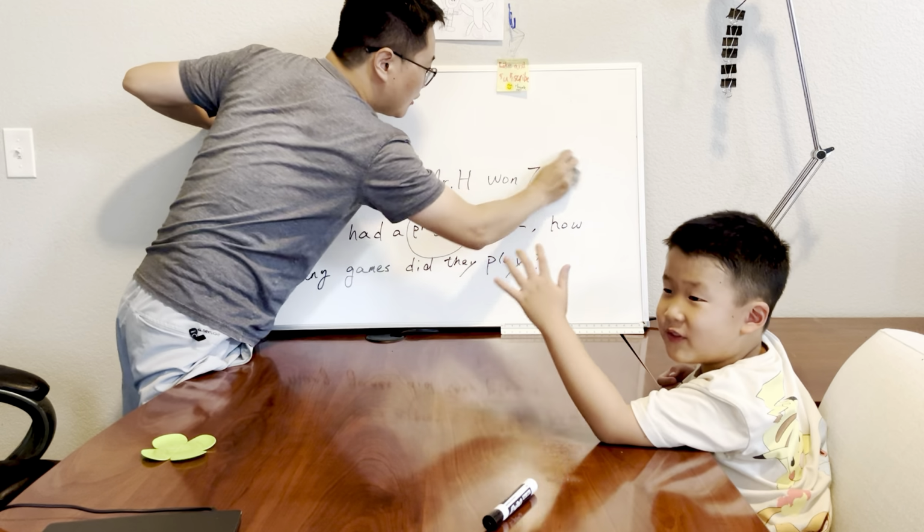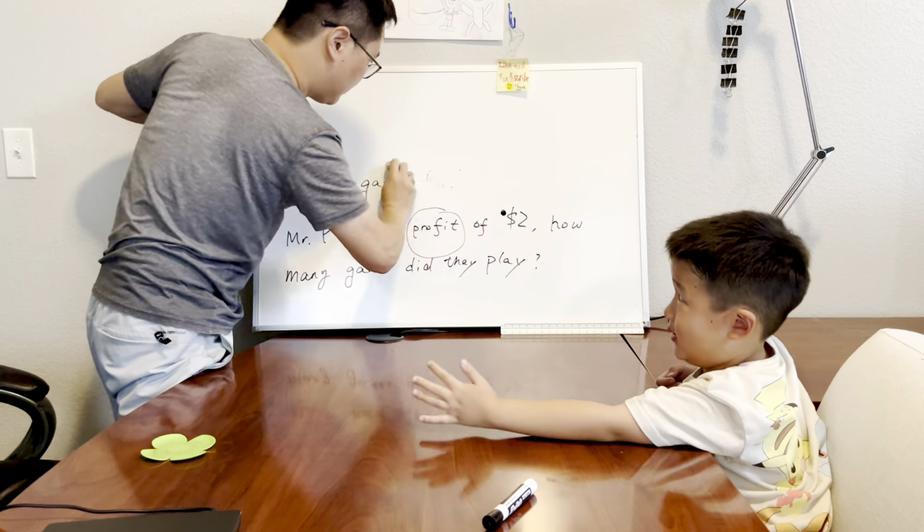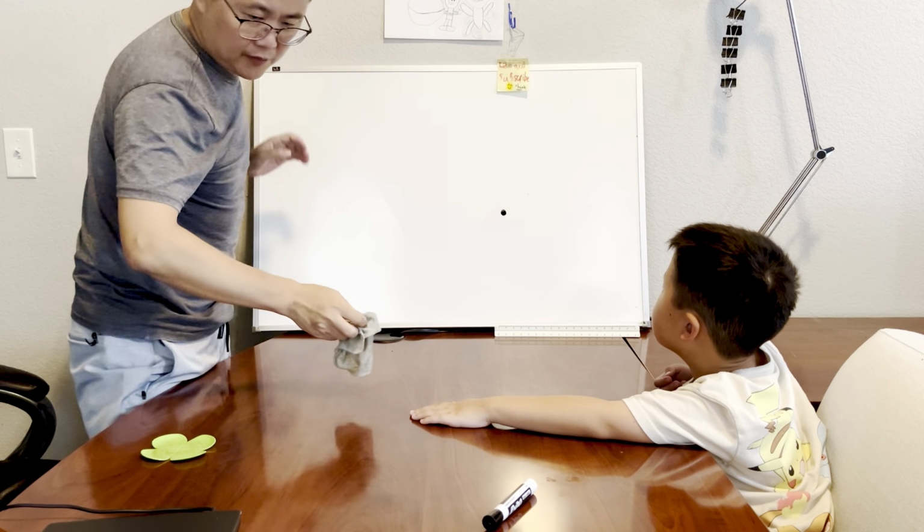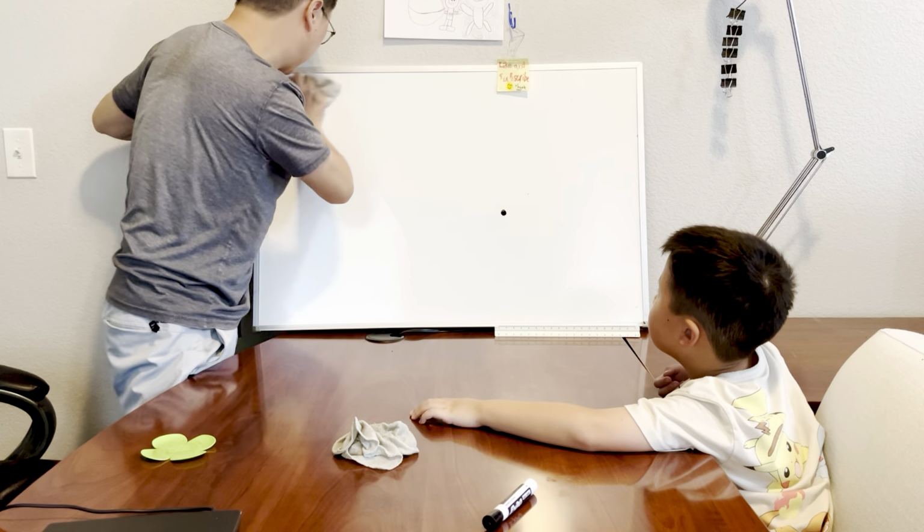It's easy if you think about it. Maybe, but it's still quite tricky, especially for third graders. For third grade students, you usually have difficulty understanding what a profit actually is. So let's try to figure out how to solve this problem.